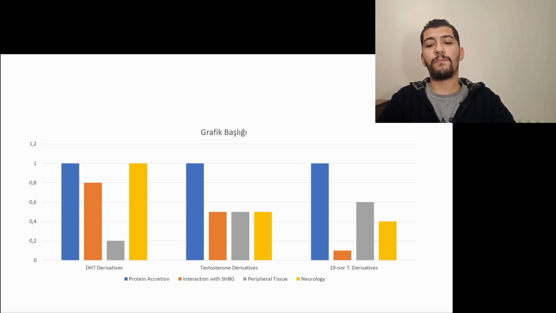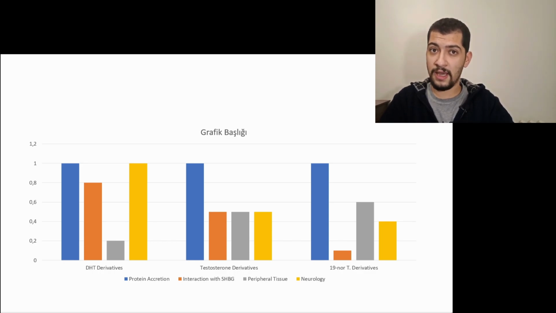If you take a look at the peripheral tissue interactions, it can include anything from interaction with different receptors, and also interactions with your glycogen content, your cellular volumization, and your body weight gain, etc. There are multiple factors that have a role.